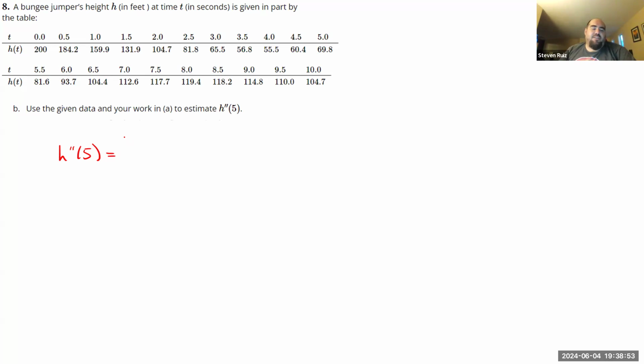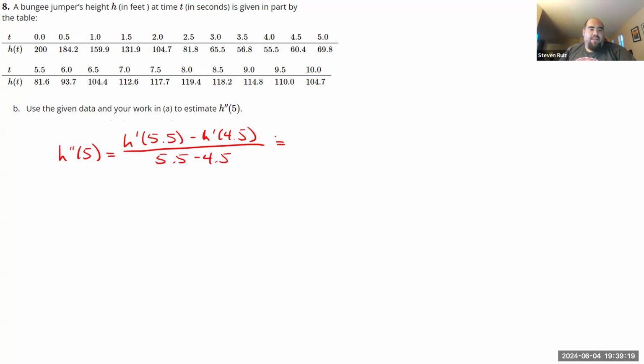So I can use a central difference again to look at this, structurally the same way as what I did in part A. Let's look a half second above the time we are interested in, and a half second below, and divide that by the change in time.